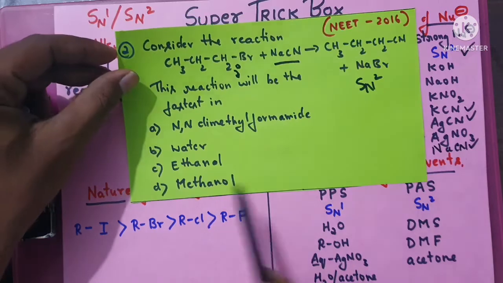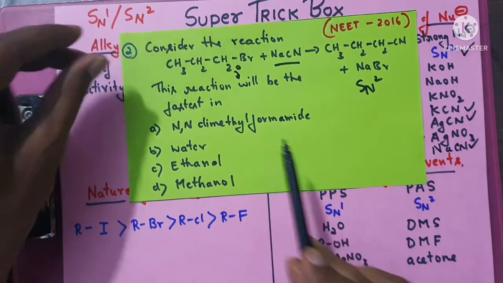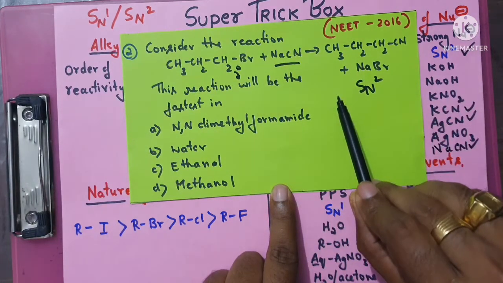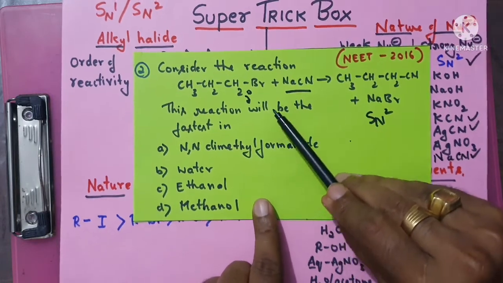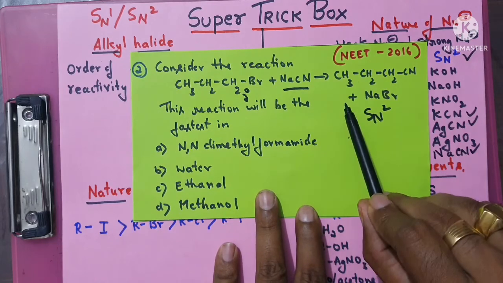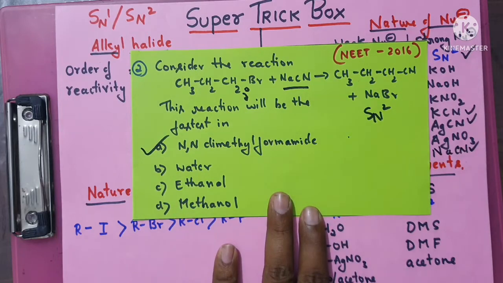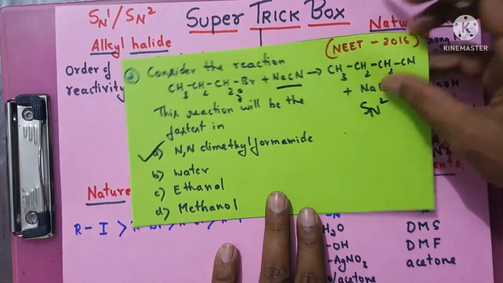So here N,N-dimethyl formamide is the best solvent for this reaction. Hope in this kind of question you need to first recognize what type of mechanism the reaction will go through, and then you can easily find out the solvent. So option A is the correct one. I am sure you have understood this question. Let us quickly go for one more question.